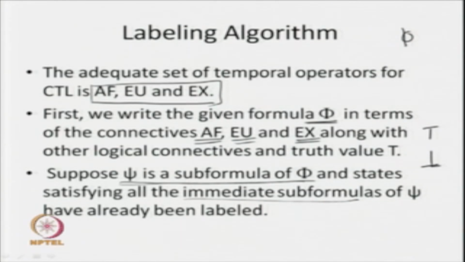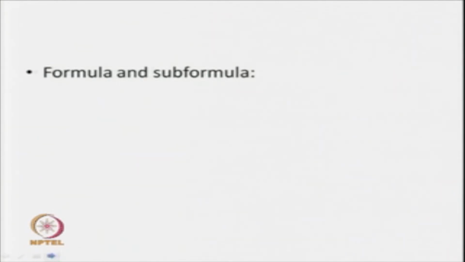of the main formula. As an example, in our mutual exclusion protocol example, we have seen the liveness property AG (T1 implies AF C1). This is a CTL property: in all paths globally, if T1 is true, it implies that in all paths in future C1 will be true.